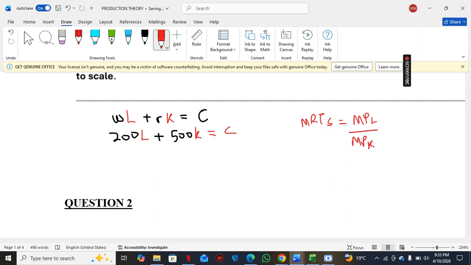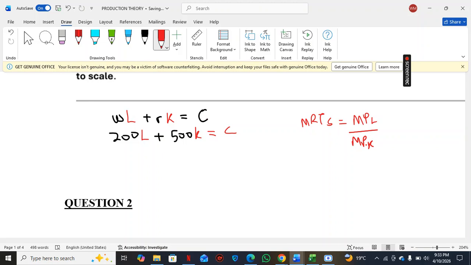Colleagues, when we say marginal, it just means addition. So marginal product of labor is the additional output you get when you hire one more worker. Marginal product of capital is the additional output when you get one more machine or one more unit of capital.